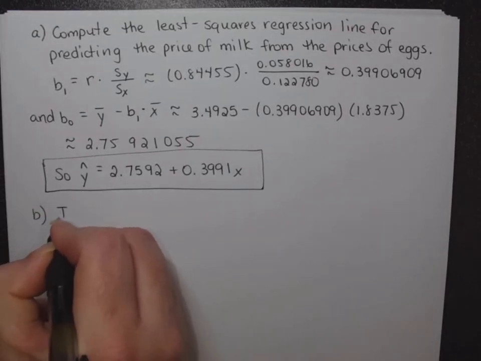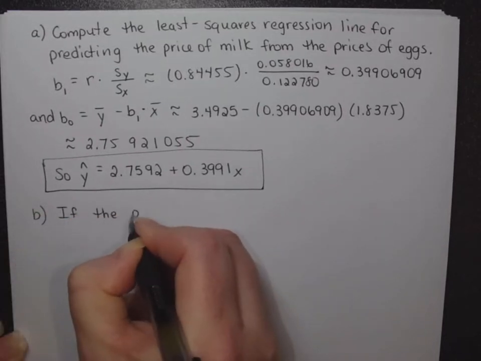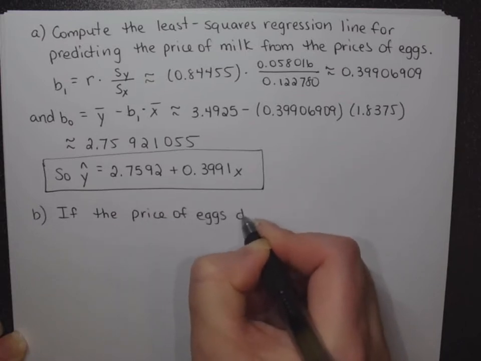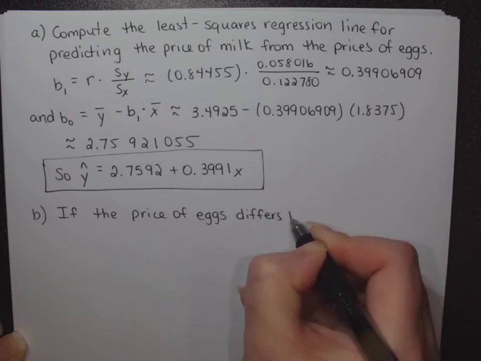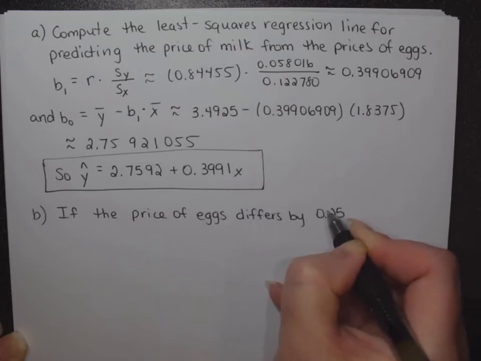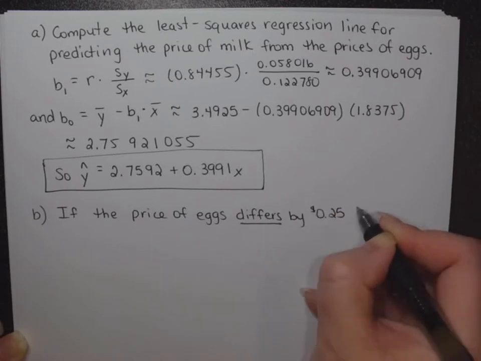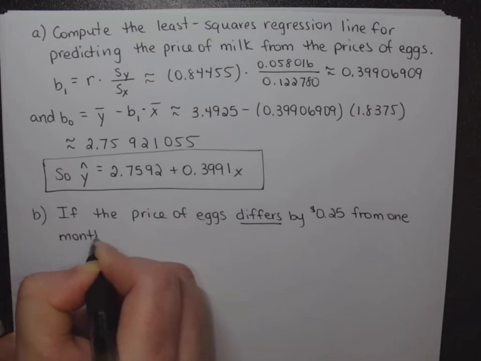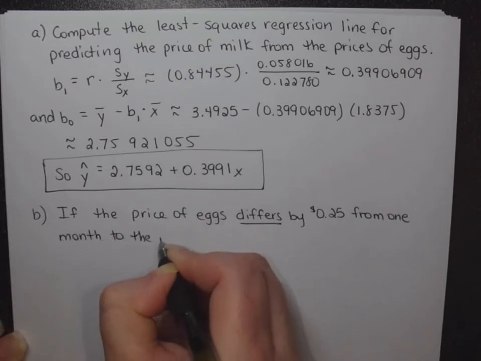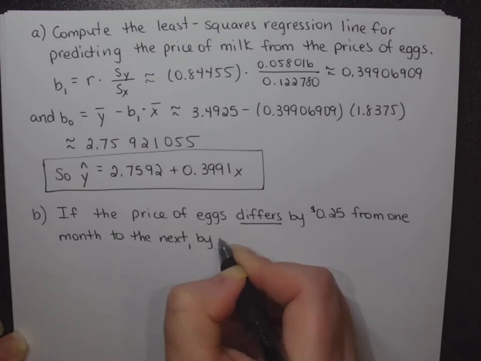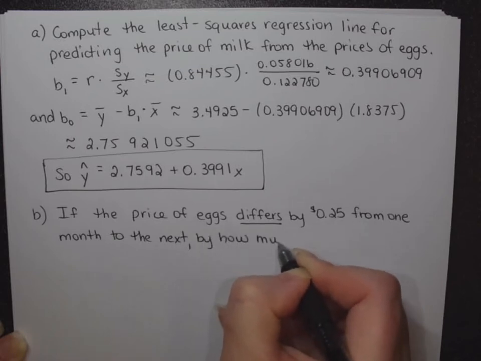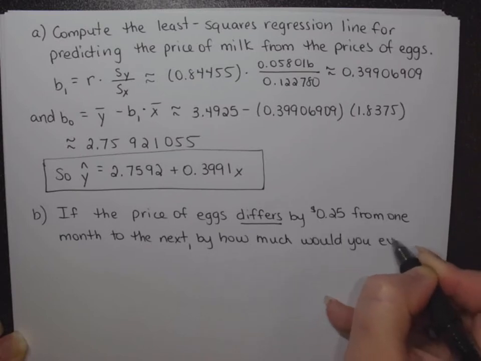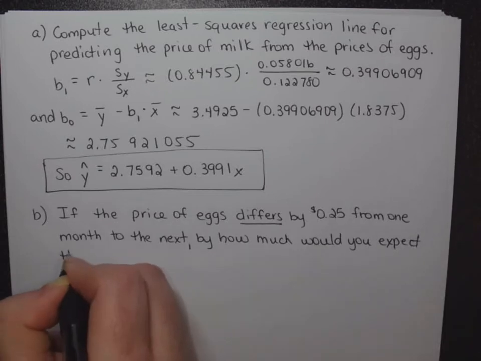Okay, so let's see if we can use this to make some predictions. If the price of eggs differs by 25 cents, I'm going to underline differs because that's kind of important, from 1 month to the next, by how much would you expect the price of milk to differ?